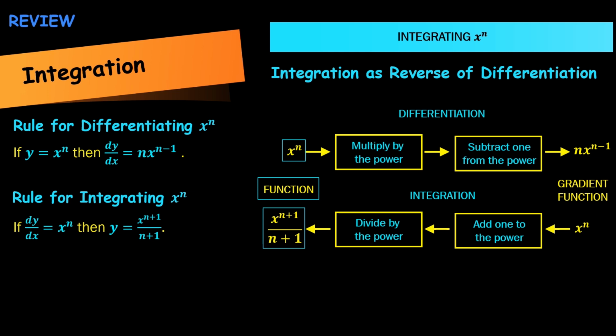X to the power n, or x to the power n plus 1 divided by n plus 1, is the function, and the gradient function is respectively either n times x to the power n minus 1 or x to the power n.